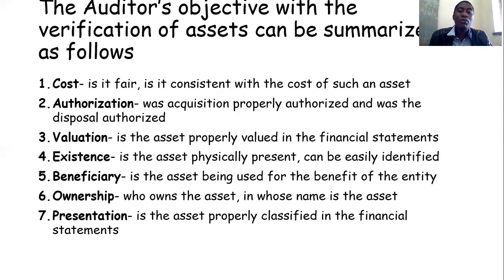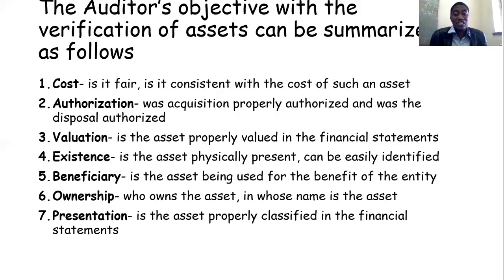Is the asset properly valued in the financial statements? We are saying, how did we measure our assets in our financial statements? Did we measure the motor vehicle at cost, or at market price?